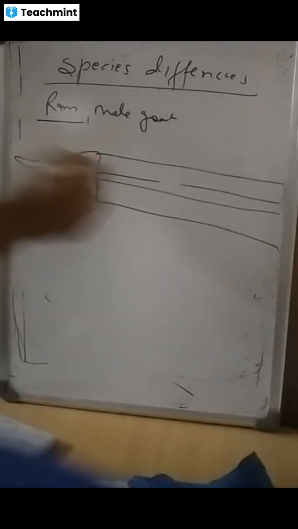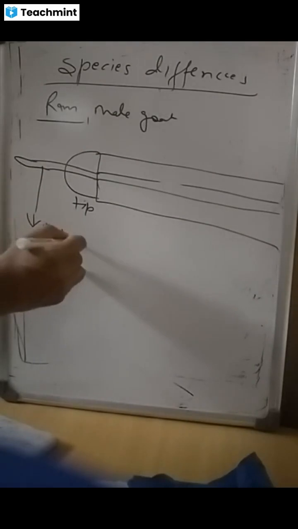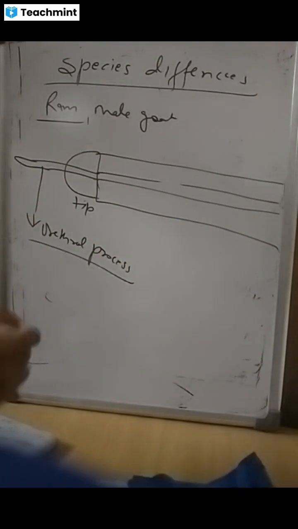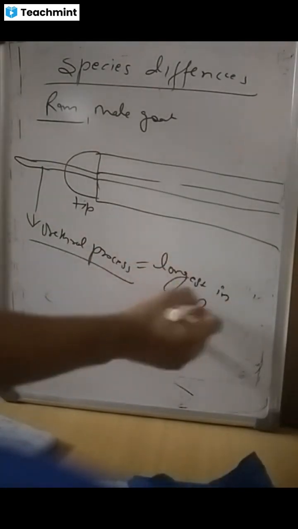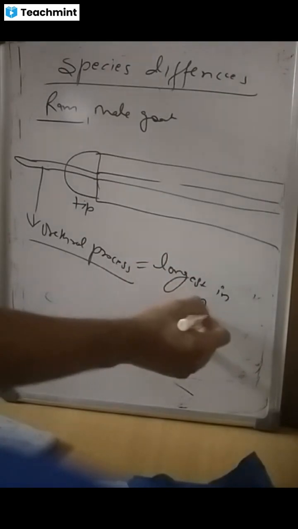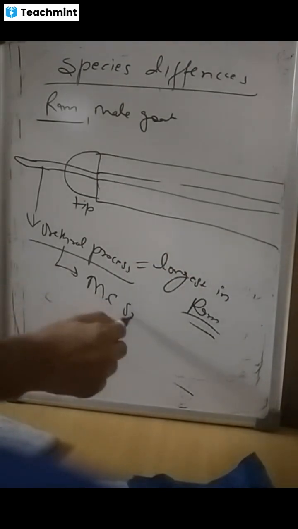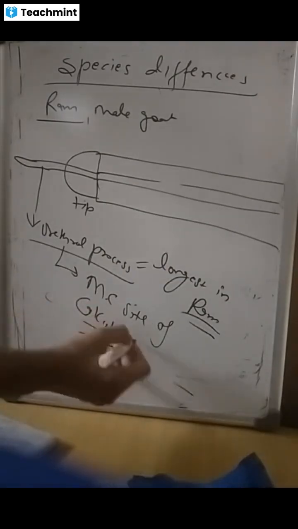The urethra comes out as the urethral process, which is longest in case of ram. And the urethral process is the most common site of calculi obstruction.